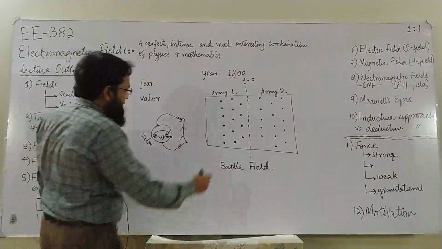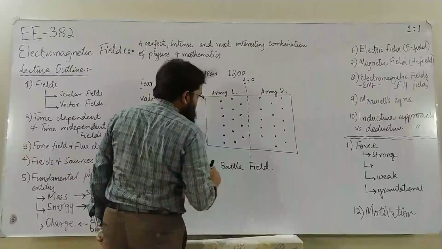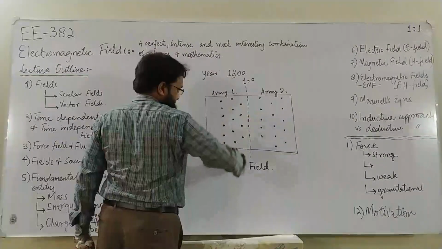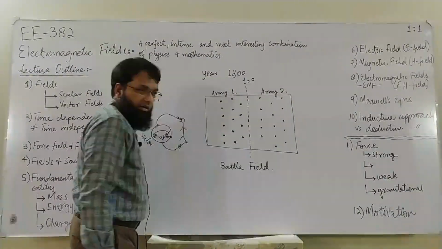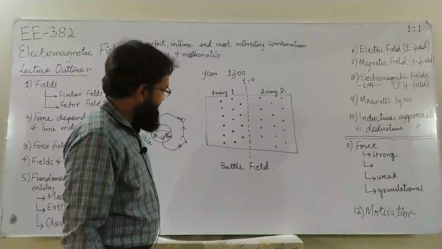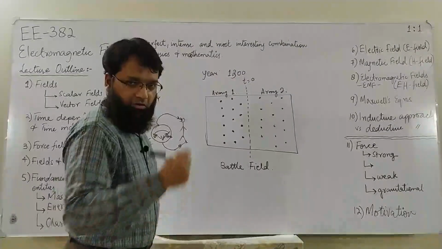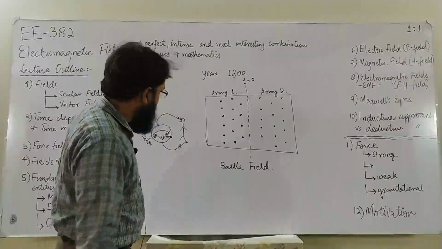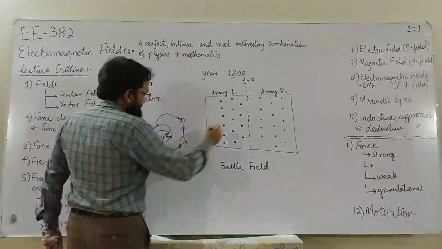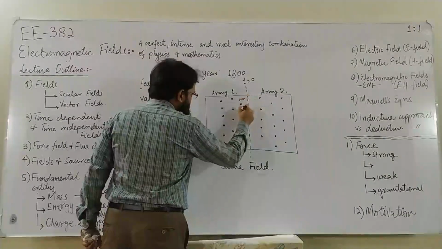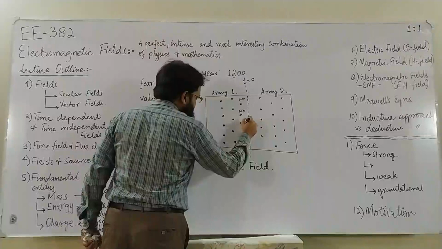Okay, so maybe the first one, those who are standing on the front lines, they obviously have got the highest valor. That's why they are standing in the front lines. Let's say all these have got valor level of 100%.